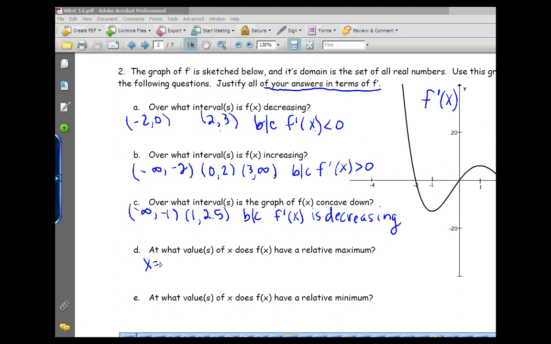So that means that I have 4 relative maximums. Okay. F prime equaling 0 is a critical point, which would occur at negative 2, 0, 2, and 3. And critical points are starting places for mins and maxes. But a relative maximum is where f prime is changing from positive to negative. So at x equal negative 2 and at x equal 2.